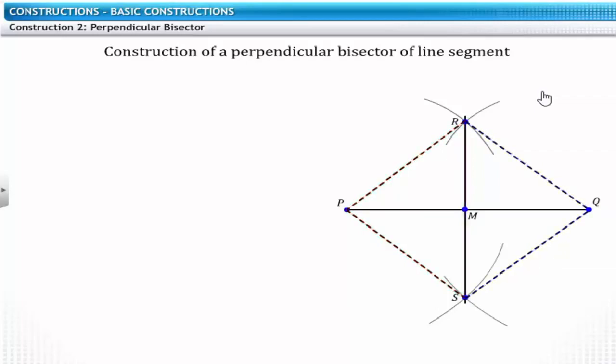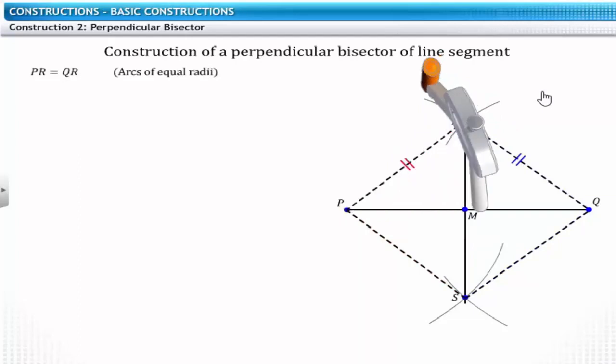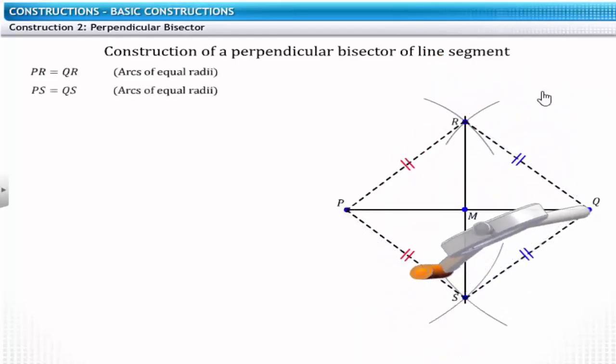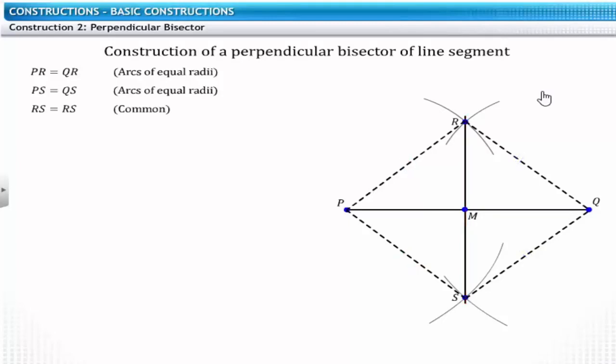In these triangles, PR is equal to RQ and PS is equal to QS, as both are the radii of the same arc. RS is the common side. Therefore, by SSS rule, the triangles RPS and RQS are congruent. By the CPCT rule, angle PRS is equal to angle QRS.